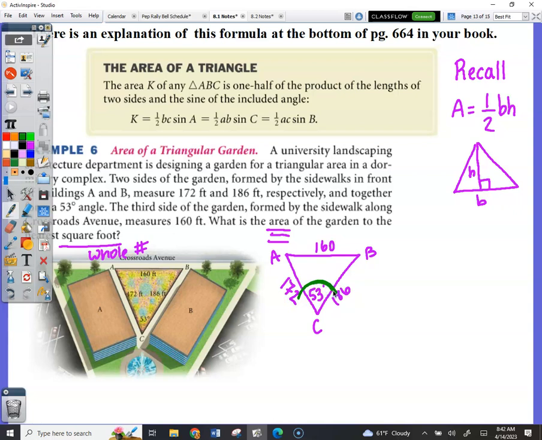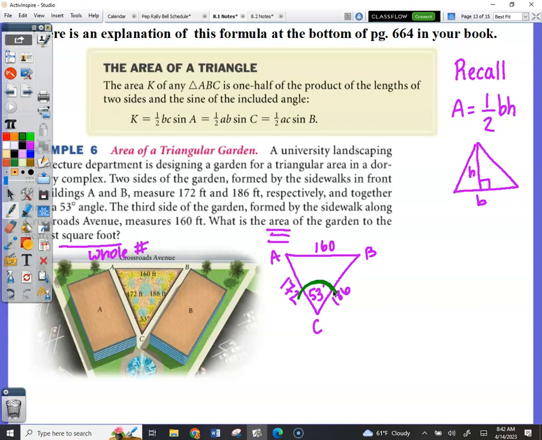Draw it beyond the side lengths because now that tells me, this is the way that I do this so I never mess this up. That tells me I'm going to use angle 53 and I'm using sides 172 and 186 because I'm touching them, right? That would satisfy the formula. That also lets me know I'm definitely not using the 160 because I'm not touching it. The arc didn't touch it.